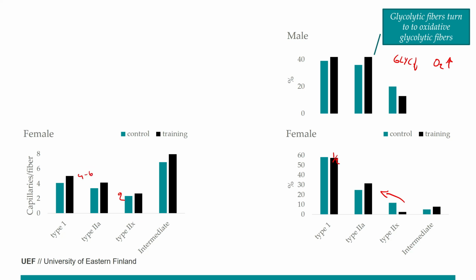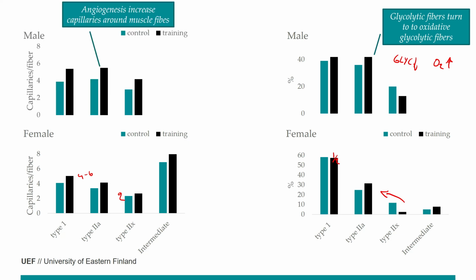So there's more oxygen available for these cells. And the same thing happens in both sexes. So the angiogenesis is increasing the capillaries around the muscle fibers. And we can see that it also increases on these type 2X muscle fibers. So it doesn't so much know what kind of muscle we have here, but it's increasing capillaries all around the muscle.